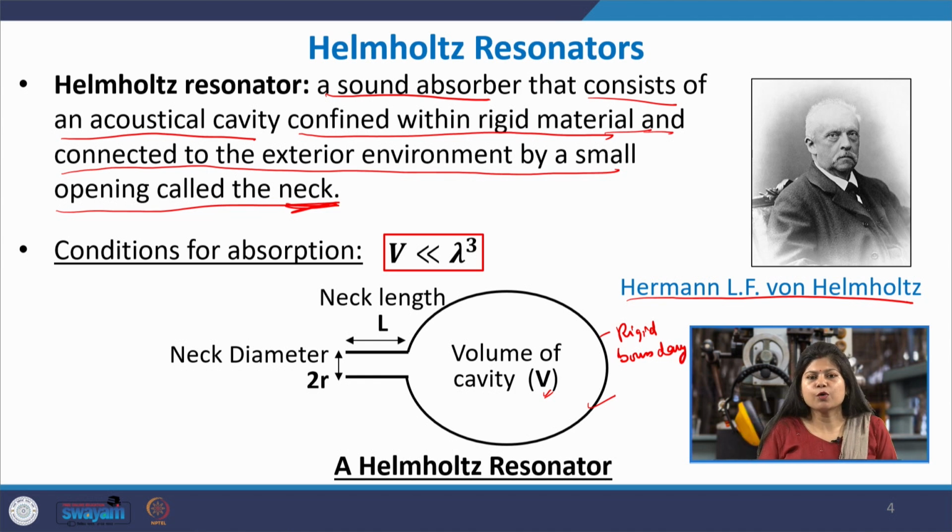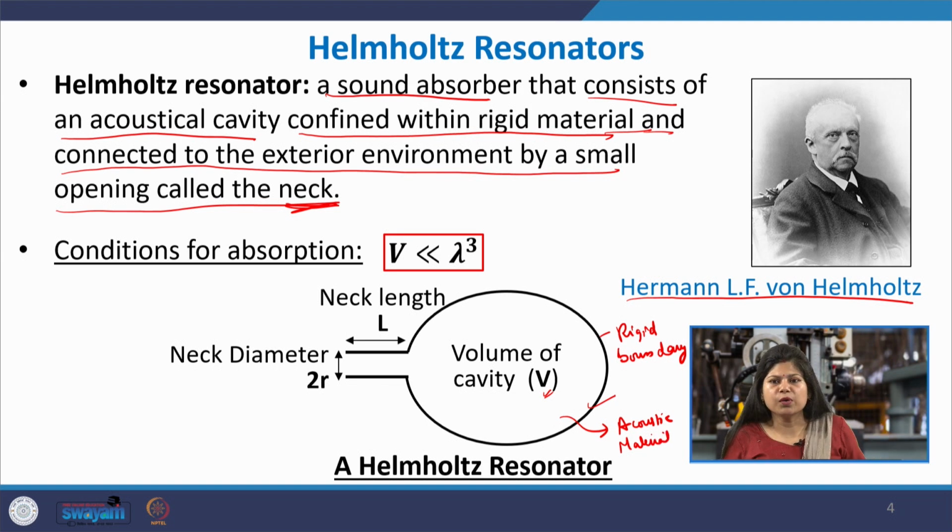It contains an acoustic medium. The most common medium which is used for a Helmholtz resonator is air. So, usually it contains the confined acoustic medium, most likely air, and this cavity is connected to the outside world through an extended opening which is smaller in cross-sectional area and has a length called the neck length.